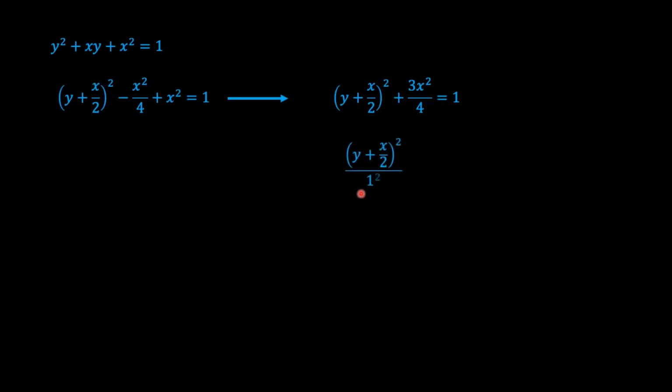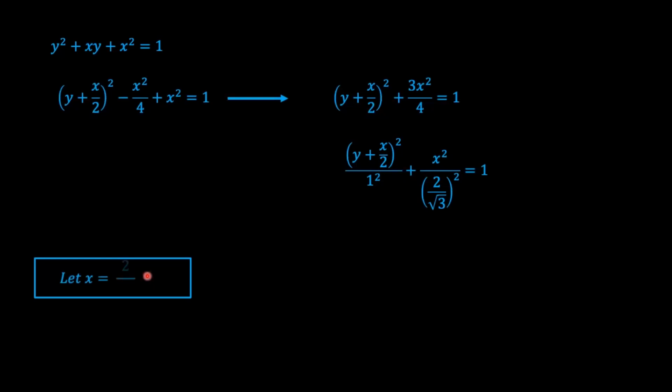So now we can express this into this formalism where we have an expression of an ellipse where this is x, this is a squared, and this is b squared. And there's an expression such that this is equal to sine squared t, this is cosine squared t, such that x is equal to 2 over root 3 cosine t.